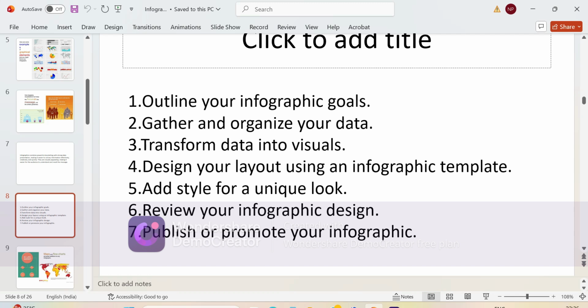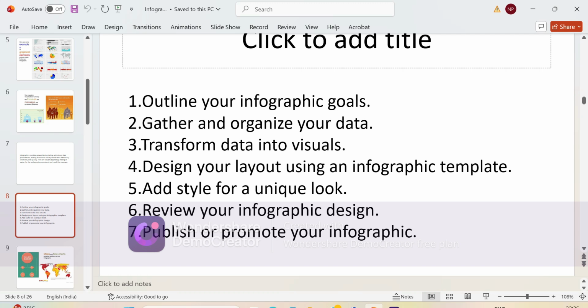That has to be organized in that particular way, and then transfer the data into visuals. It could be a diagram, a chart, or any of the visuals you wish to use in your infographic.